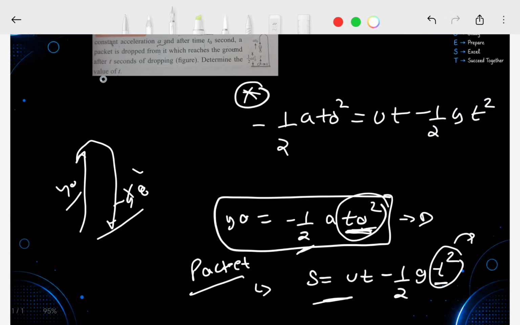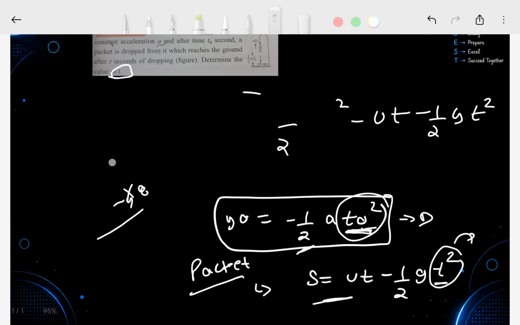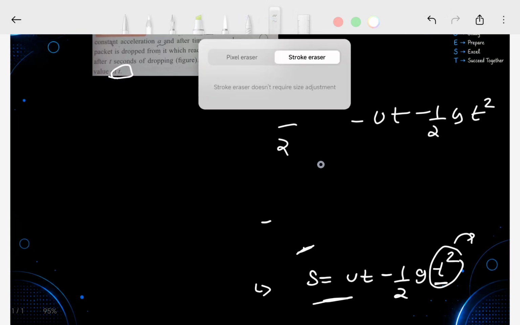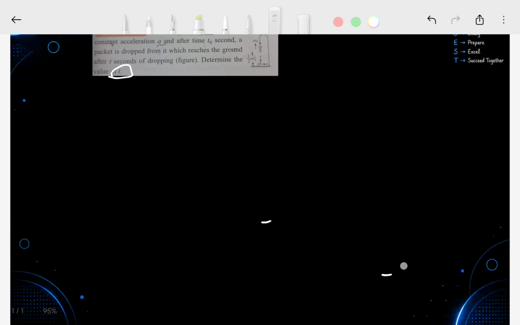Now it is asking for the value of t, so I need to solve this equation. Let's solve it in a clear way so that we can find the answer. We have derived the relation between the upward and downward motion.